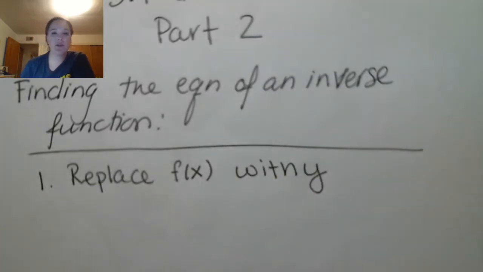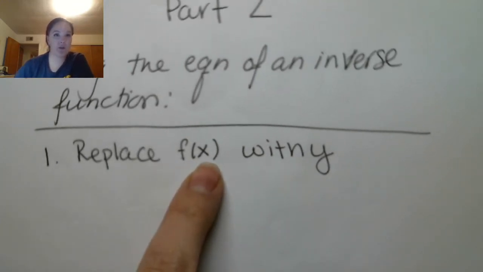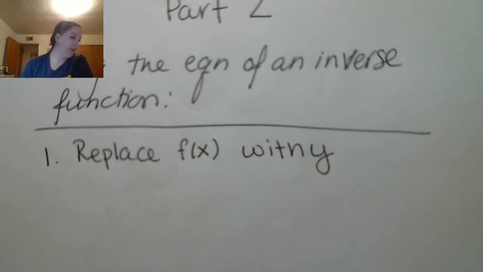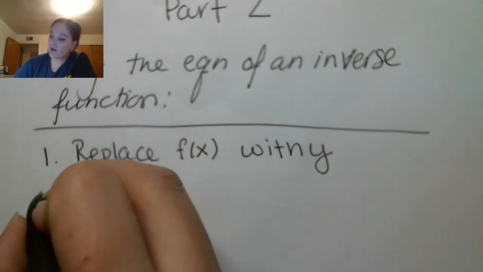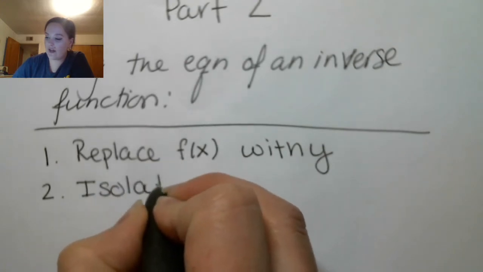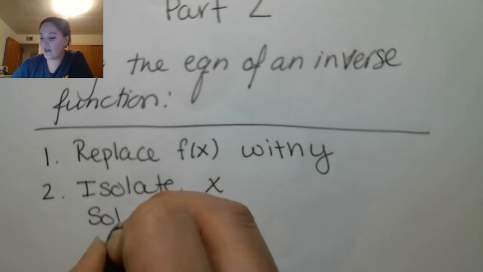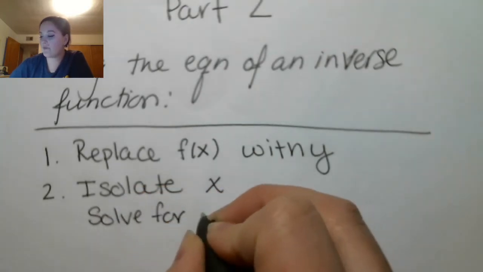This just avoids any confusion between the f of x notation and actual x. Then we're going to isolate x. Some people might say solve for x.